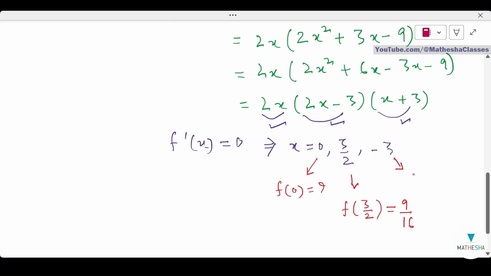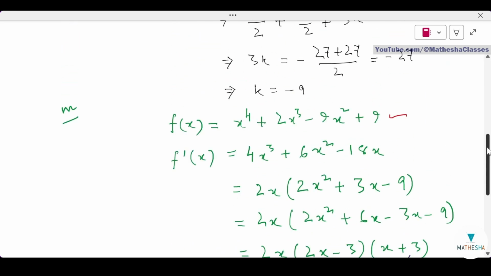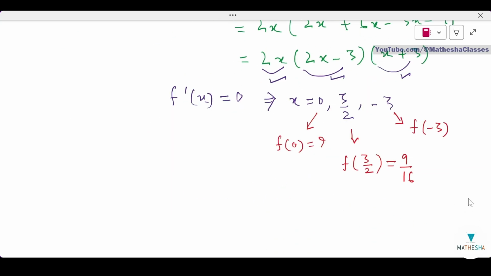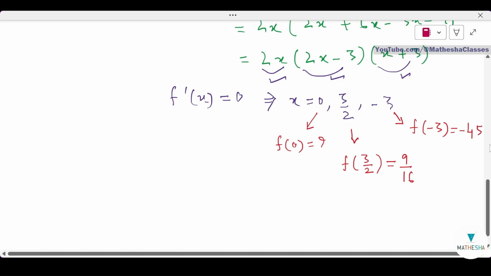And if you try to calculate the value of f of minus 3 by putting x equal to minus 3 in this expression, you will be getting the value of f(x) to be minus 45.